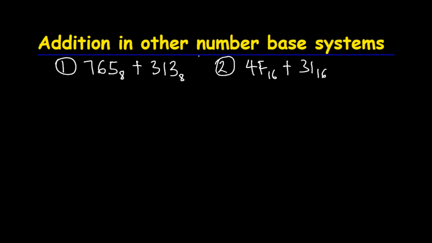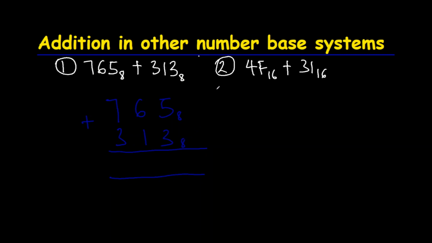The first one says that we should add 765 in base 8 and 313 in base 8. So I write them down first. So 5 plus 3 is 8.